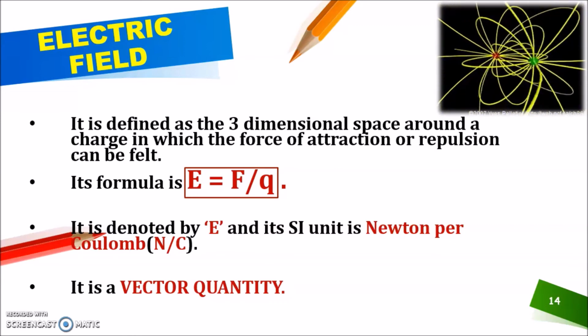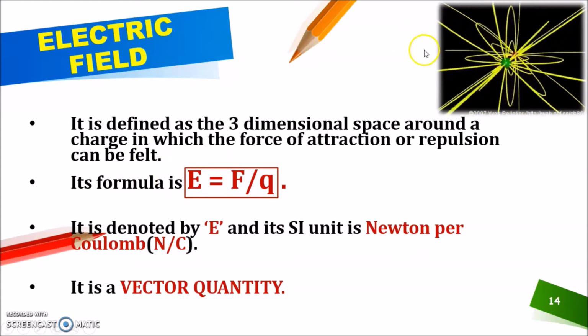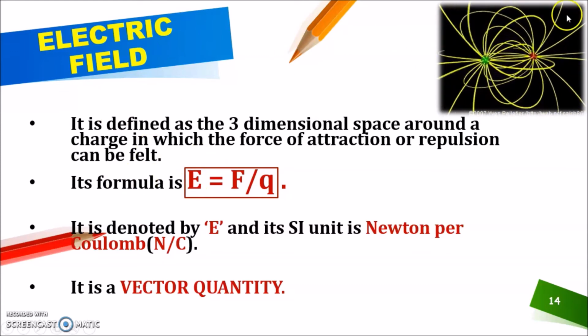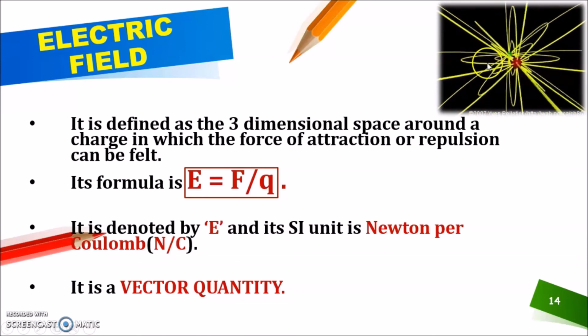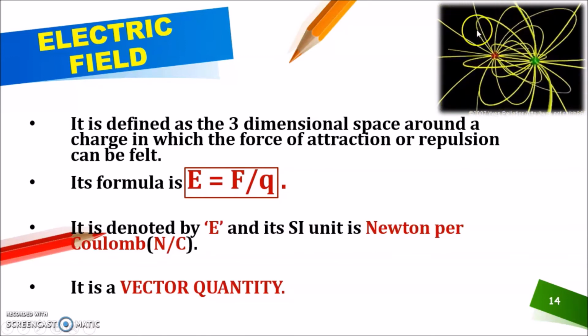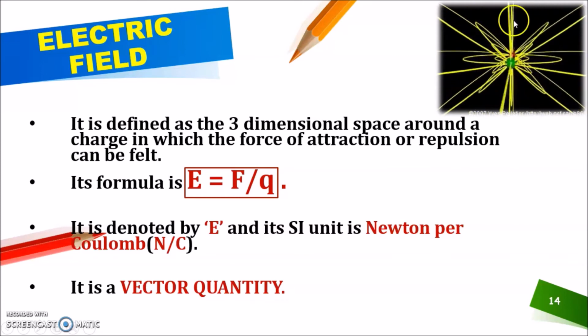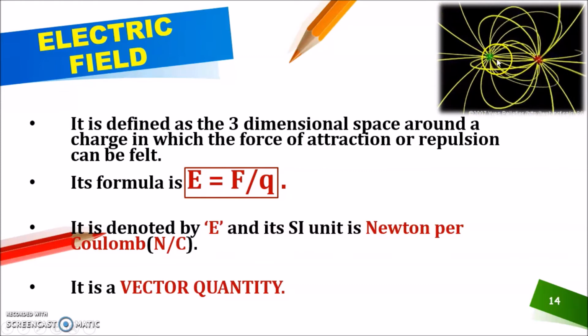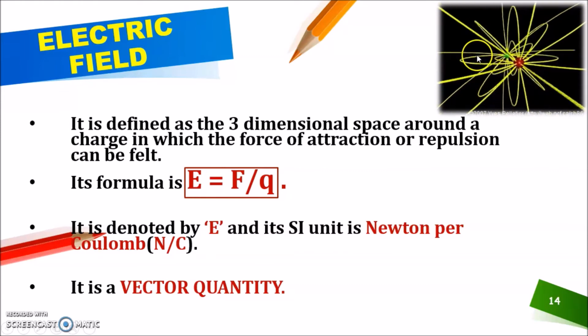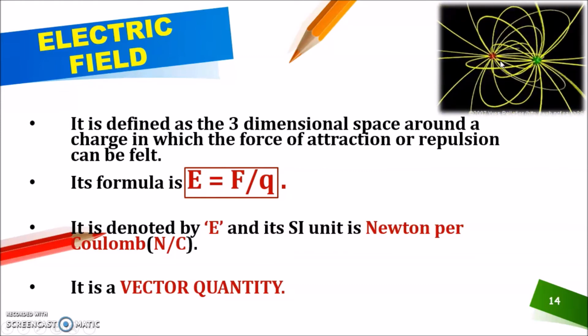So this area is like this. In this figure you can see the 3D design. These are a few lines. We can call these lines electric field lines or electric field lines of forces.